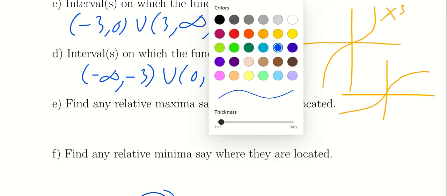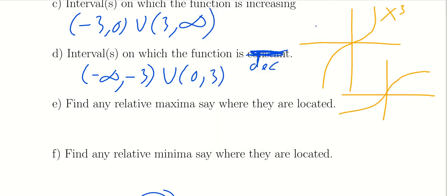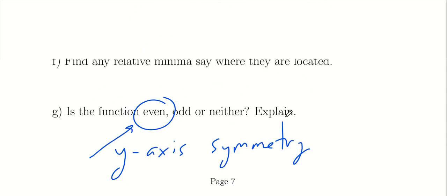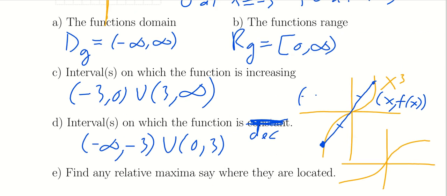What makes an origin symmetry is that if you take any point on the graph and connect that point to the origin via a straight line, you continue that line the same distance in the opposite direction, and you should hit another point that's on the graph. So what this says is that if you have the ordered pair (x, f of x), then this other point, which is right here, is located at (negative x, f of negative x).